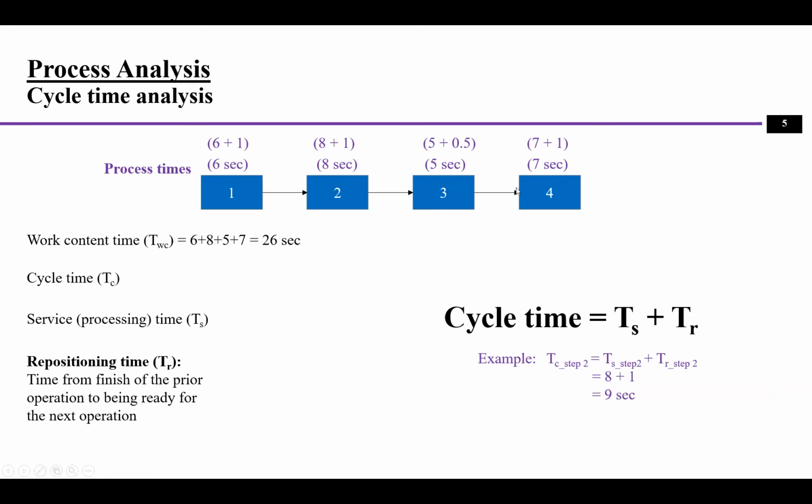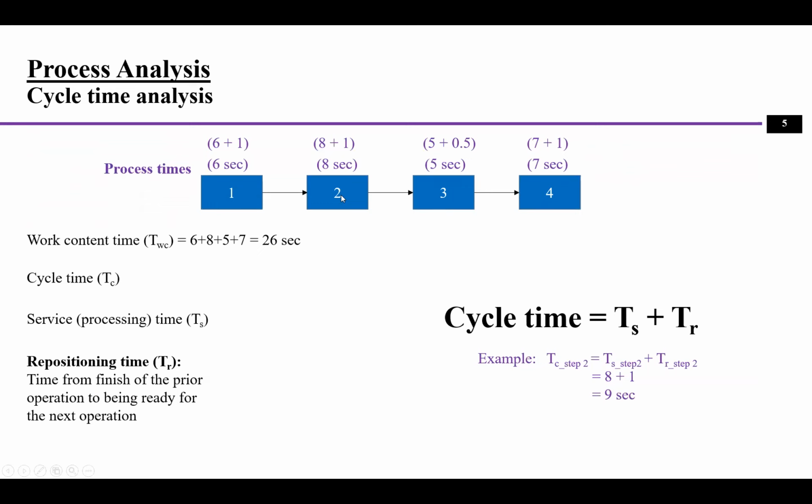Now let's look at this process. How often can we make one product? Think about this question. Is it 26 seconds? No, because all these processes can actually run simultaneously. All these tasks can be conducted at the same time.